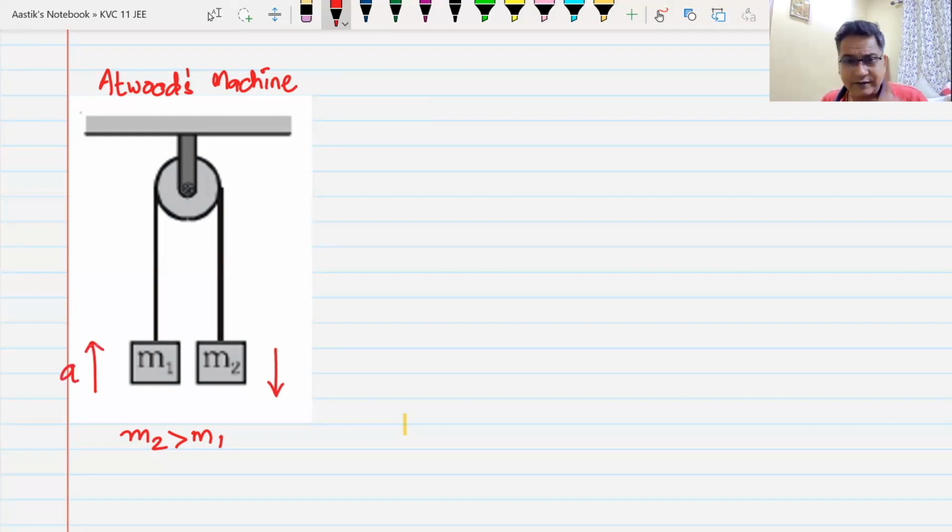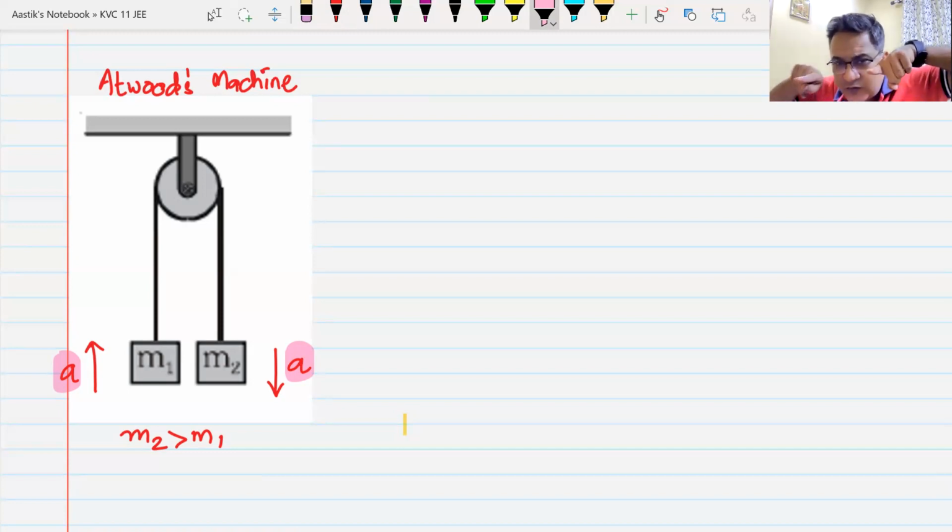If I say that M1 comes up with acceleration A, what will be the acceleration of M2 downwards? Will it be the same or different? If M1 comes up, the same, because they are attached to the same string. Up till now, all the blocks were moving in the same direction with the same acceleration.